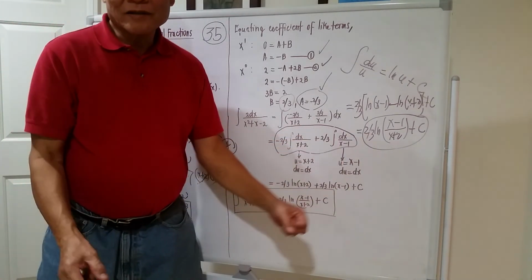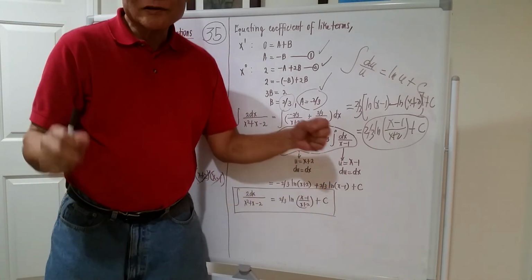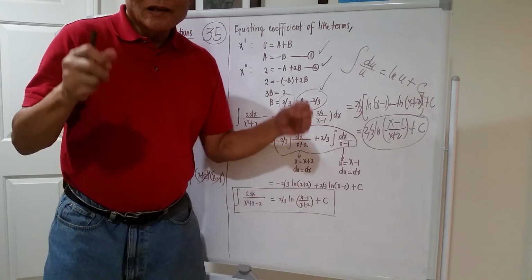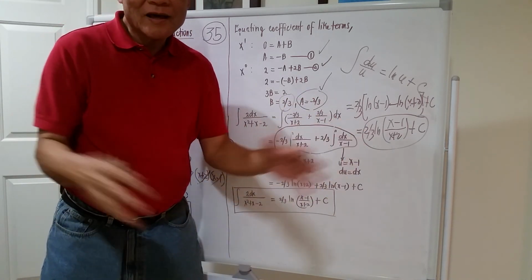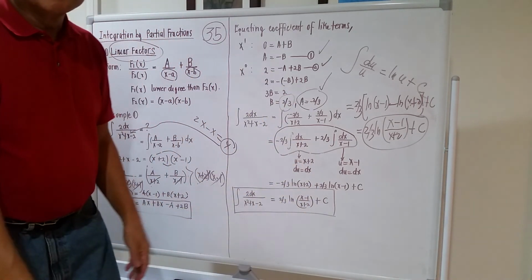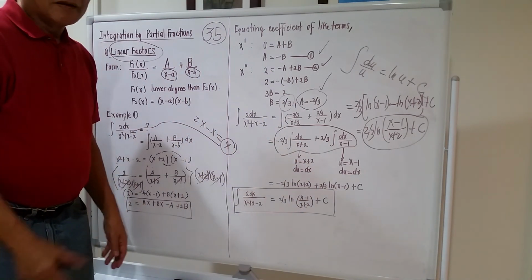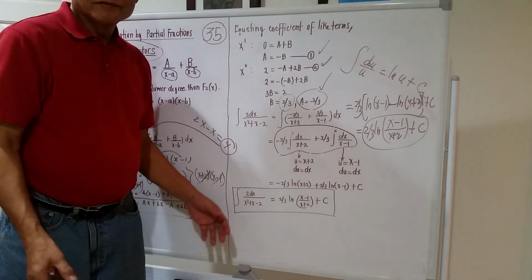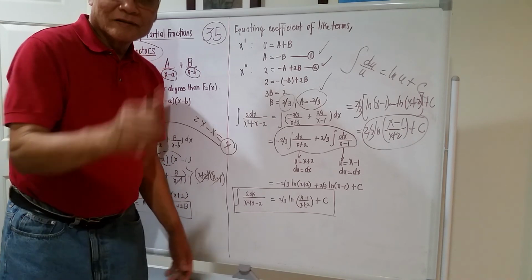As simple as that. Integration by using partial fractions. The denominator involves only linear factors. They are not repeated. Two different linear factors. That's integration by using partial fractions. Okay, guys? See you.